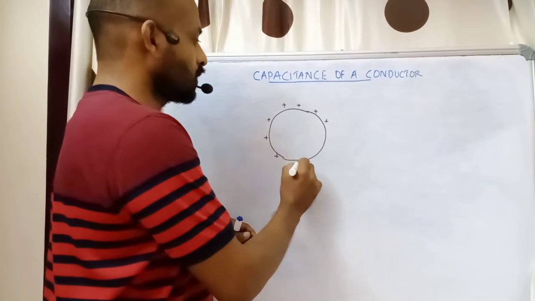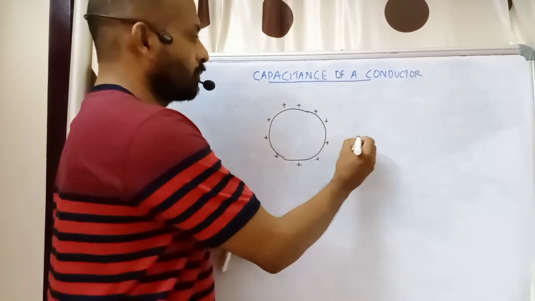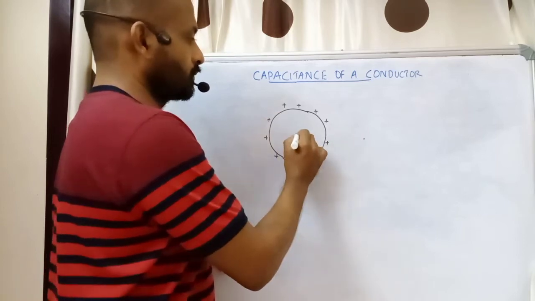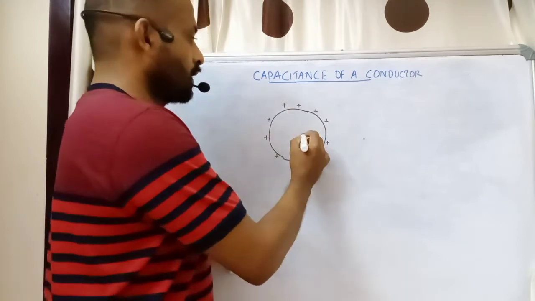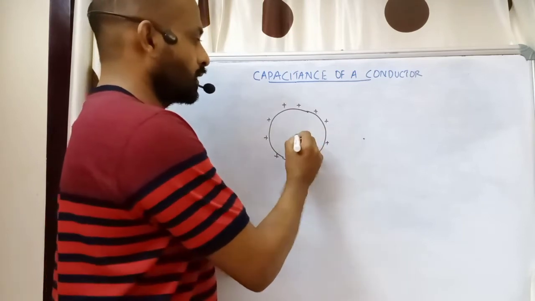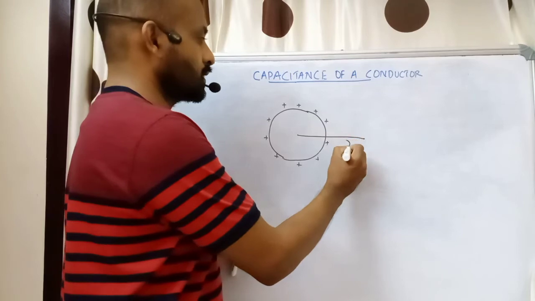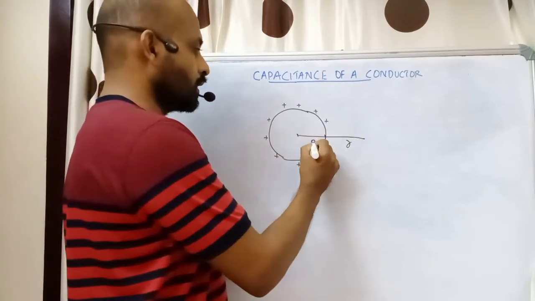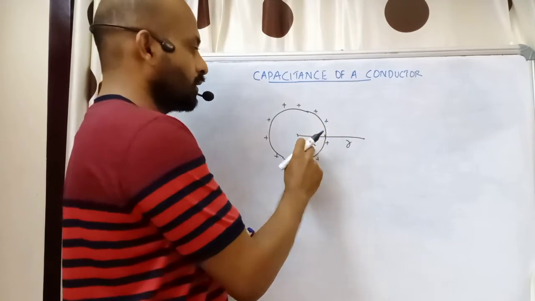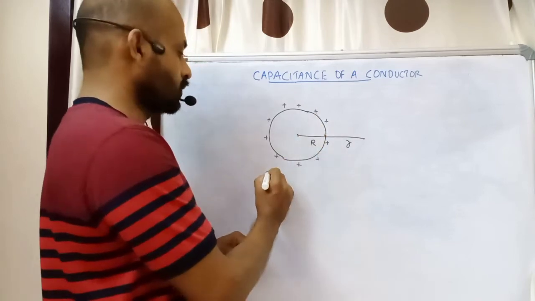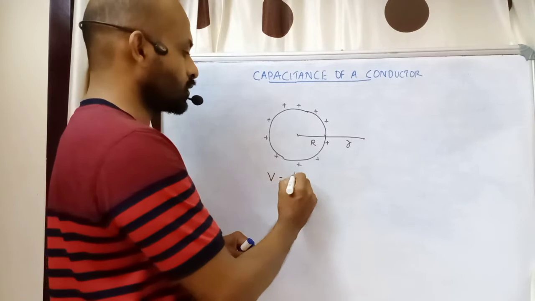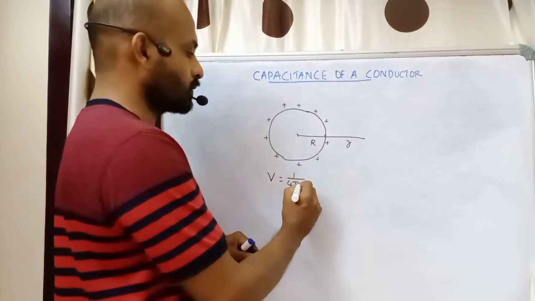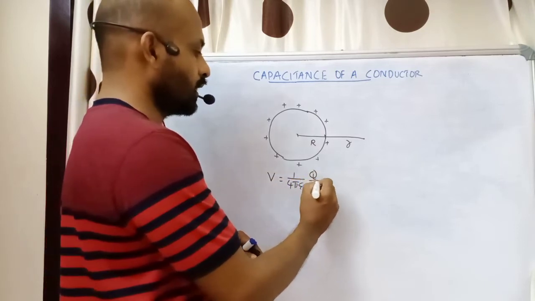Using Gauss's law, we have obtained the equation for the intensity and the potential at a point. If r is the radius of the sphere, the potential at each and every point on the sphere is V equal to 1 by 4 pi epsilon 0 q by r.